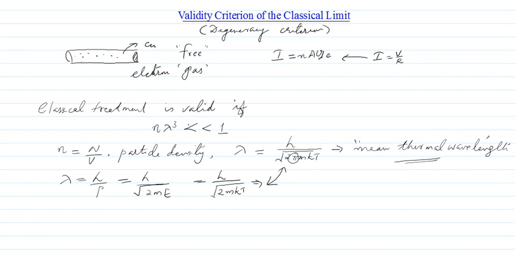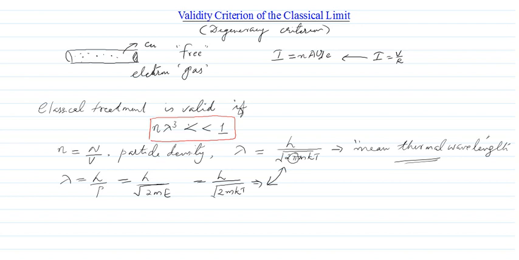For the time being, what you have to remember is that the classical treatment of a system is valid up to the limit where the product of particle density with the cube of the mean thermal wavelength of the system is very much less than 1. This is what is known as the validity criterion of the classical limit.